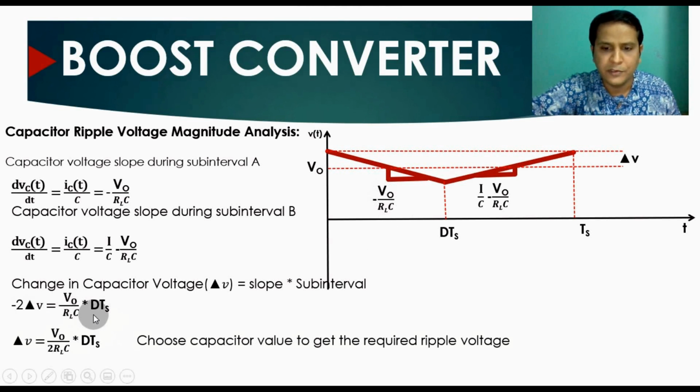Here you have to mark the minus. So this minus gets cancelled, and you have delta V equals Vo divided by 2RLC into dTs.